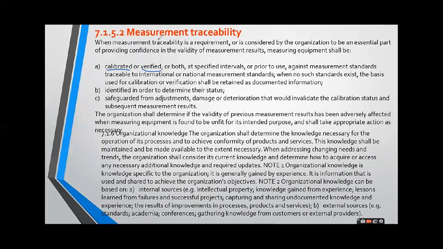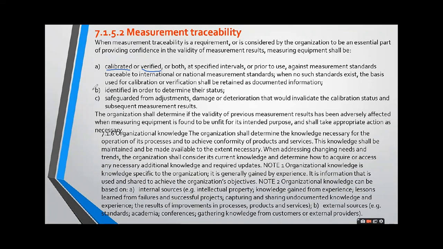Next, the calibration must be done against measurement standards traceable to international or national standards. In our country, it is required by the PSQCA. Internationally, it is required by the FDA. If no such standards exist, the basis used for calibration or verification must be documented or retained at least.